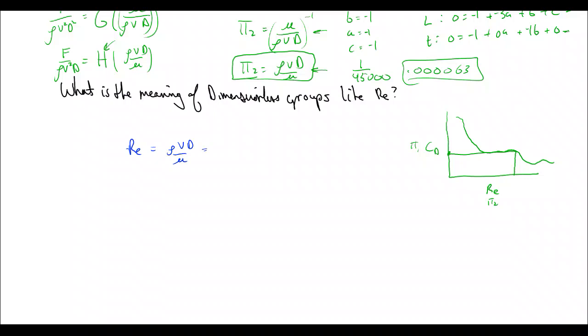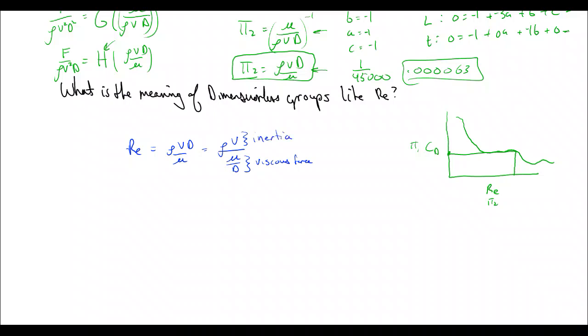We could rewrite this as rho v over mu over d, right? This is a measure of the viscous force, right? And this is a measure of inertia.